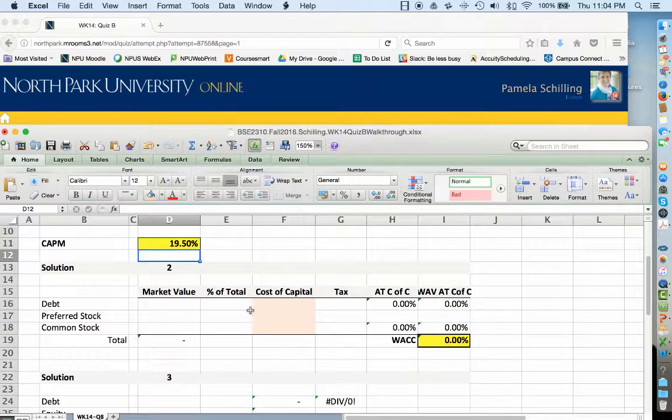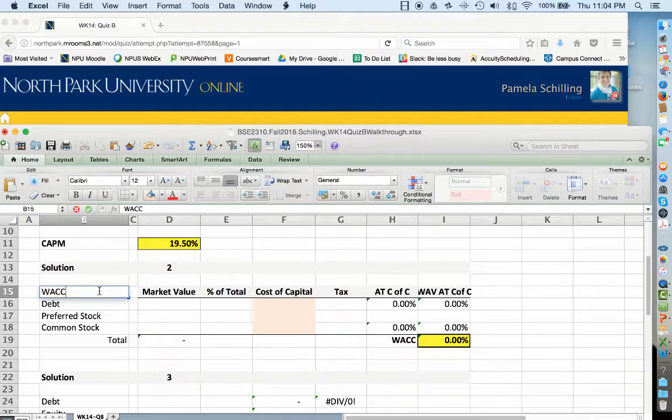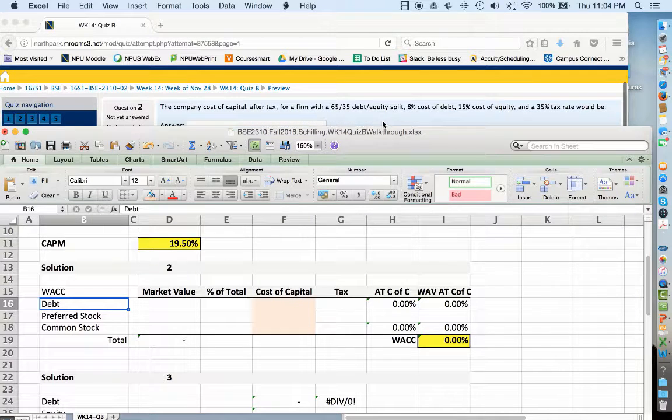And in this question, we have some information provided to us. There's some information that's missing, but we actually don't need it. In this problem, we're not given the market values of debt, preferreds, and common stock, but we are given their percentages. So it tells us that we have a 65% debt and a 35% equity split.